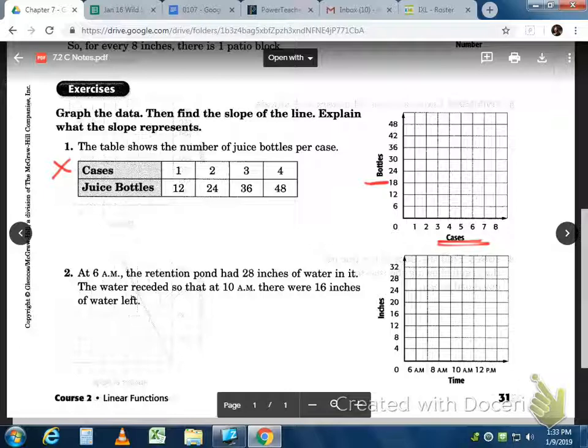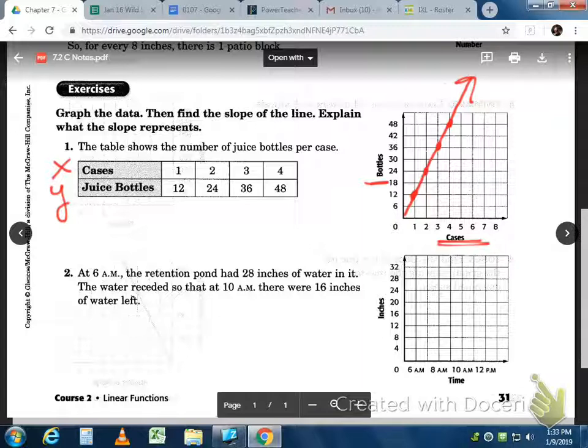The bottles are the y. So for one case I have 12 bottles. 2 cases, I've got 24. 3 cases, 36. And 4 cases, 48. And I graph that line.